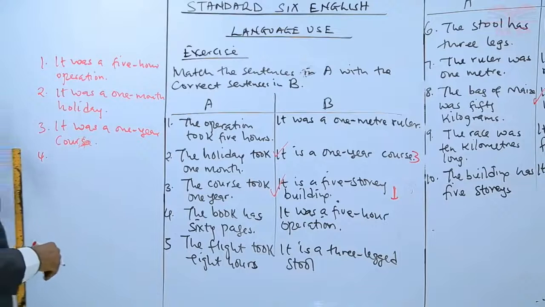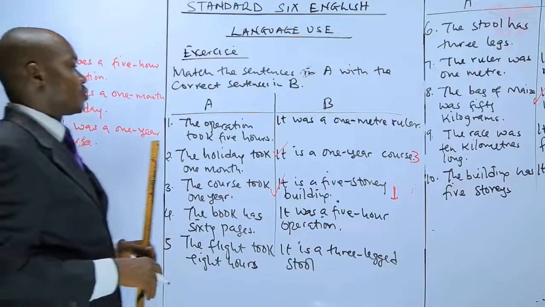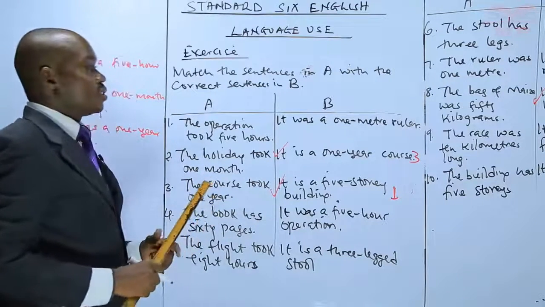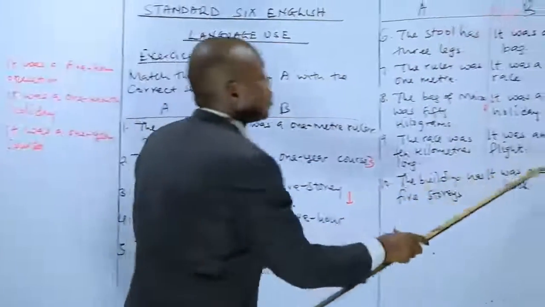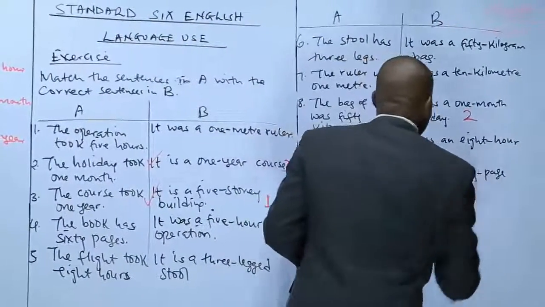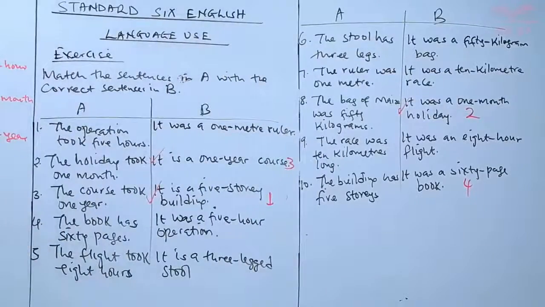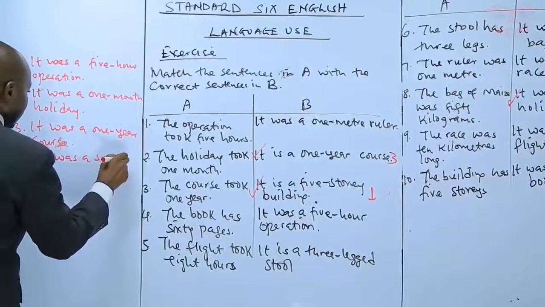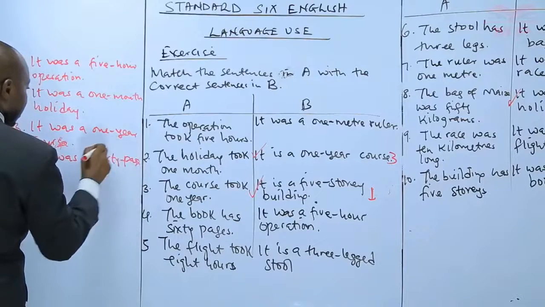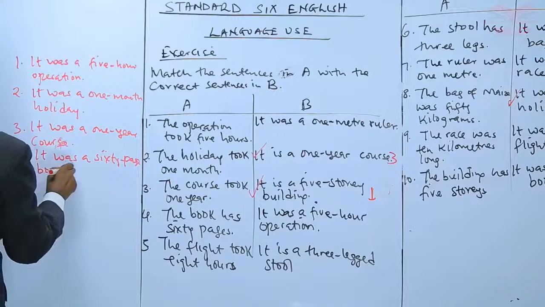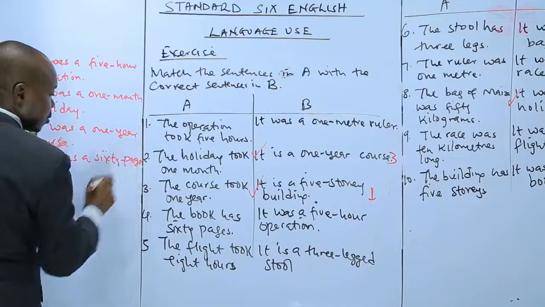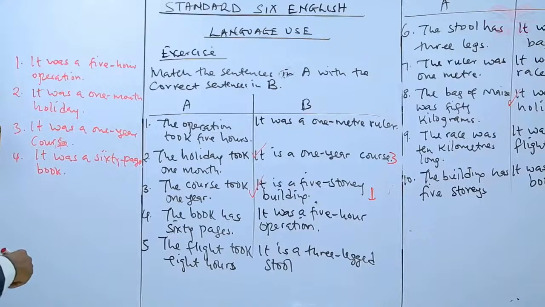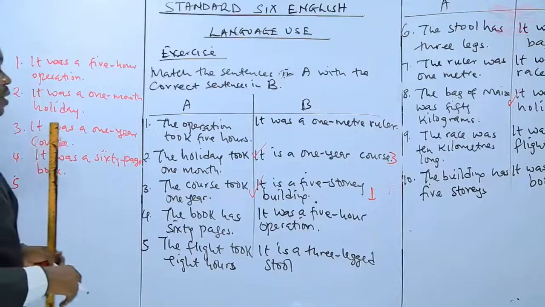Number 4, the book has 60 pages. The book has 60 pages. It was a 60-page book. So this is number 4. 60-page book. Number 5, the flight took 8 hours. Flight took 8 hours.